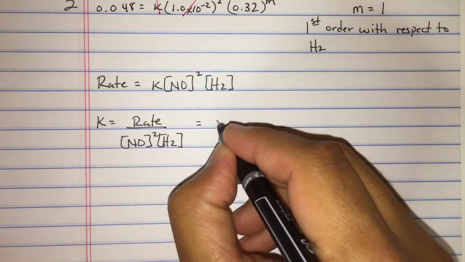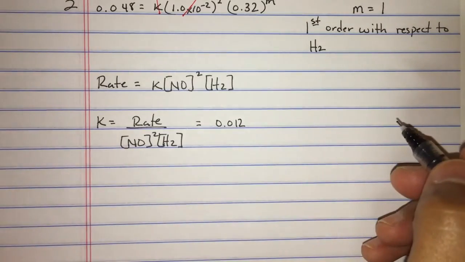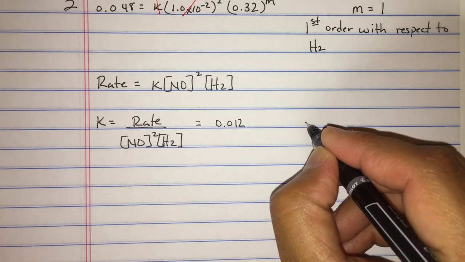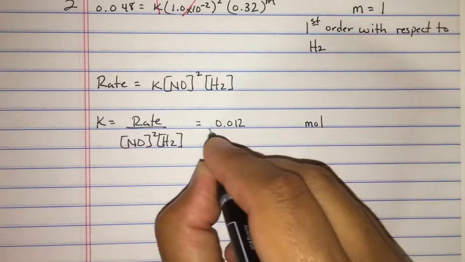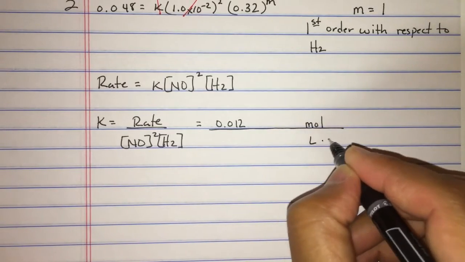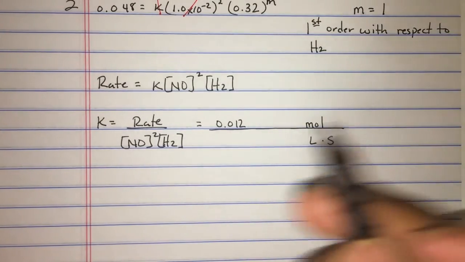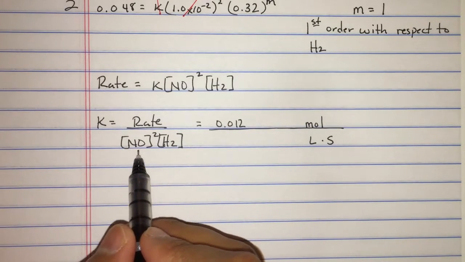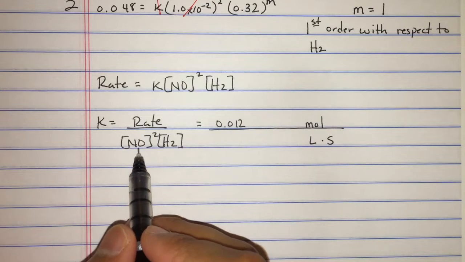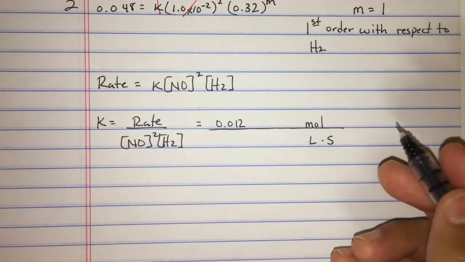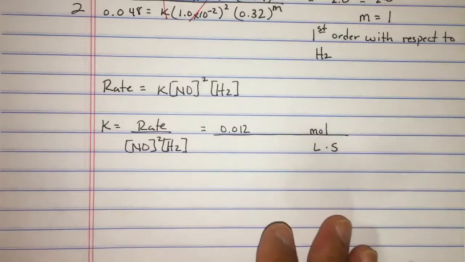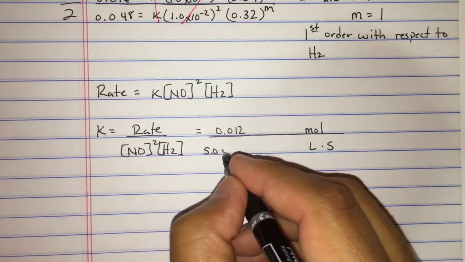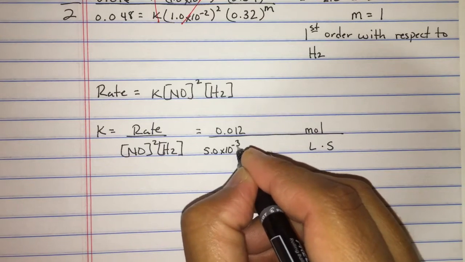And so the rate for experiment 1, 0.012. And the rate, I'm going to give myself some room here, mole per liter seconds. Now be careful, we're going to plug in the data for the NO. Now for experiment 1, the concentration for NO is 5.0 10 to the minus 3.